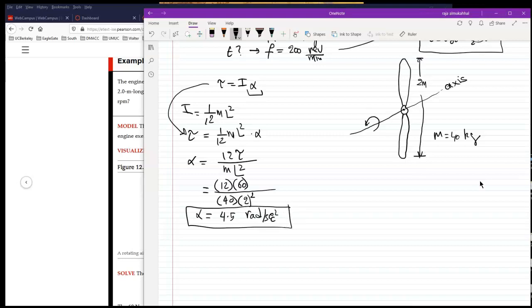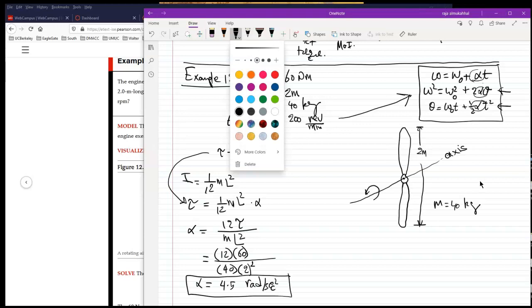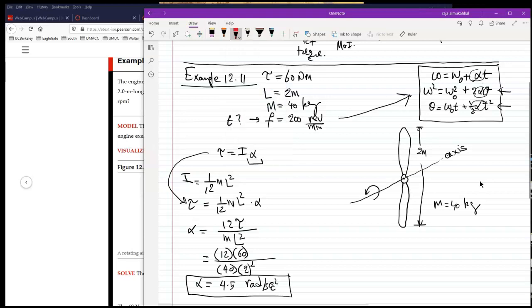Okay, now he's asking me for the time. So I can just immediately go to one of the kinematic equations here. The latter two contain theta, see that? They have theta, which I don't have much information about.